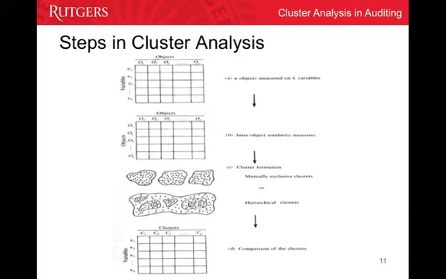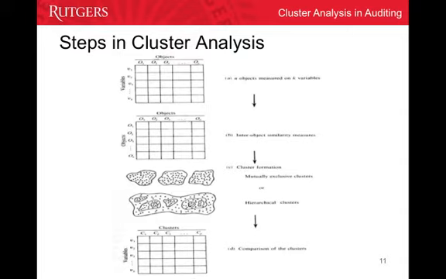The difference between clusters can be seen from representative values, such as the mean values of the input variables from each cluster. The two major steps in cluster analysis are selecting measures of similarity or dissimilarity and selecting the procedures for cluster formation.